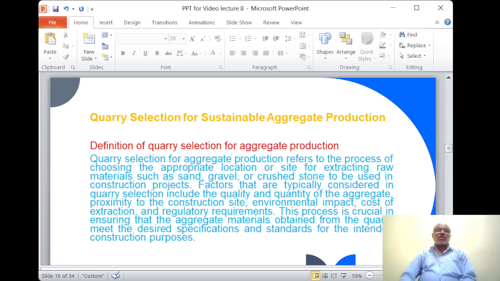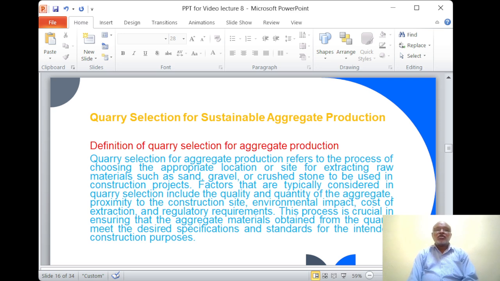By carefully selecting the right quarry for aggregate production and employing best practice in operation, companies can ensure a steady supply of high quality aggregate for construction projects. In the world of aggregate production, choosing the right quarry is the first step towards success.